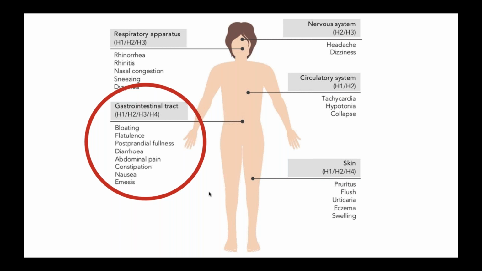At the top of that list is bloating, flatulence, postprandial fullness, diarrhea, abdominal pain, constipation, etc. Those symptoms overlap quite a bit with what we commonly think of as symptoms of SIBO. So once again, there could be multiple factors happening in patients, whether or not they have SIBO. There may be comorbidities or conditions that are also contributing to the same spectrum of symptoms as SIBO.